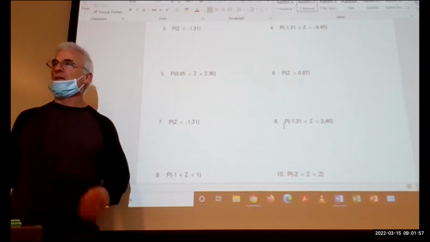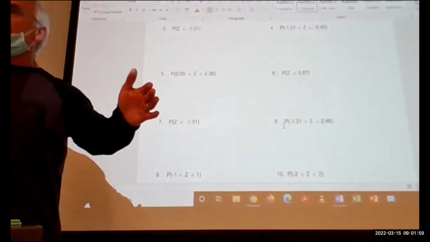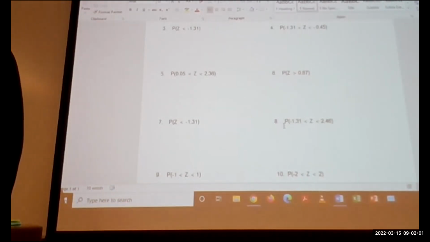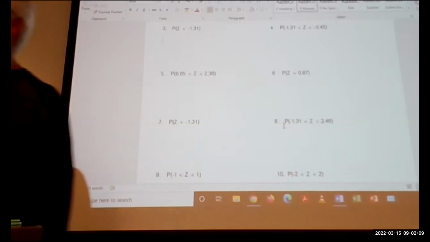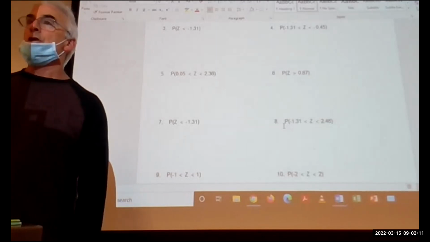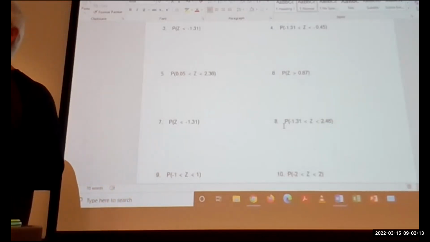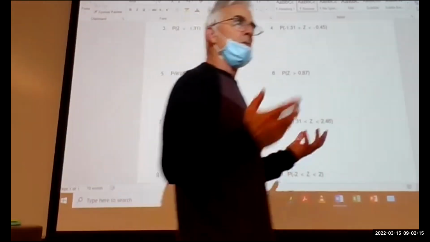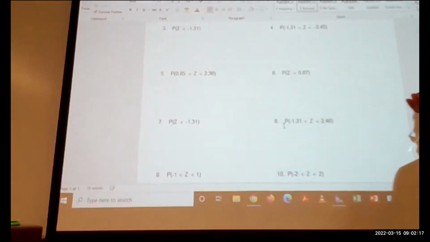0.9974. That means that in a normally distributed set of values, close to 100% of all outcomes are within 3 standard deviations. Is it mathematically impossible to be more than 3 standard deviations away? No, but here's the thing. If I don't have a huge number of people, it would be very difficult for one person to be 3 standard deviations away.